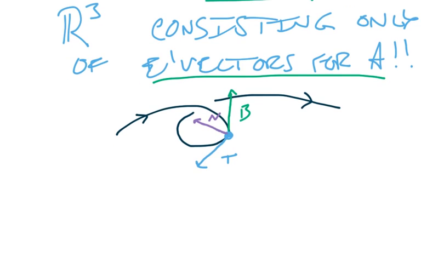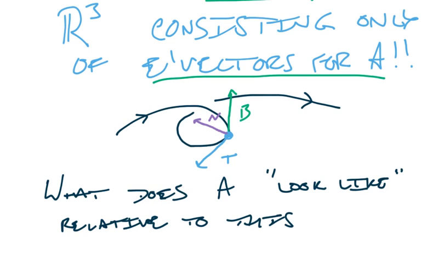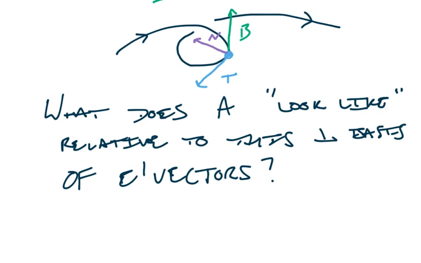That's the big question that we want to answer next: what does A "look like", and put that in quotes, because what does that mean? Relative to this basis, this orthogonal basis of eigenvectors. All right, so this is where we are headed next.